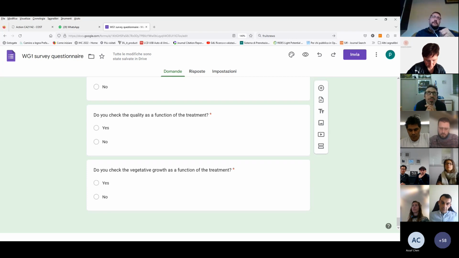I'm thinking about the variability of the age. So maybe we can categorize, if you agree, as juvenile, mature, and senescent. Because otherwise I have plants 7 years old, you have 8 years old, and so it becomes difficult.